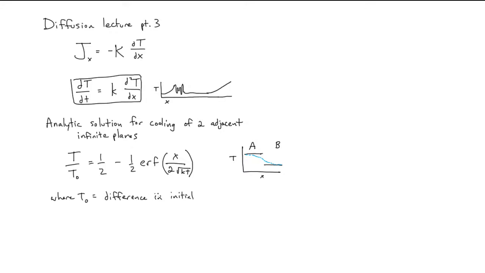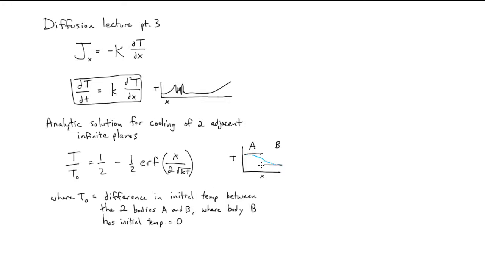So T naught is the difference in initial temperature between the two bodies, A and B, where body B has initial temperature equal to 0.